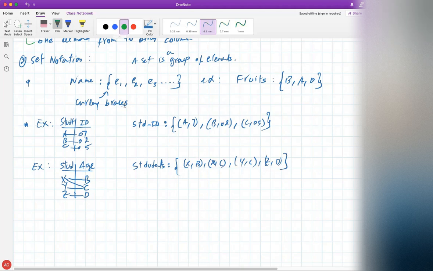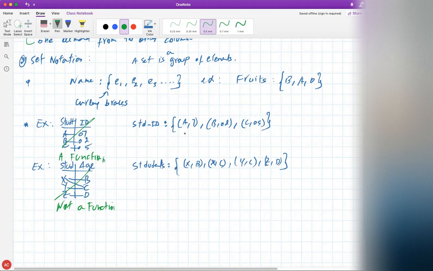Now ignore the tables. If we didn't have them, how can we tell just by looking at these? We said this is a function, we established that. This is not a function. Let's see how to tell whether these are functions or not from here.